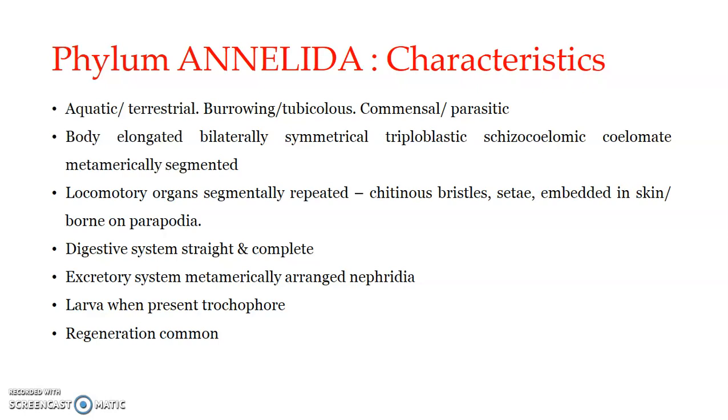The septum demarcates the segmentation inside, and each division is known as a somite or metamer. Those smaller divisions which are produced by segmentation by septa are known as segment, metamer, or somite.